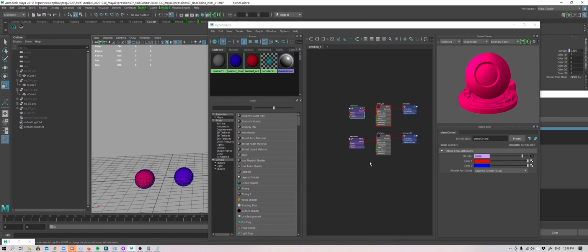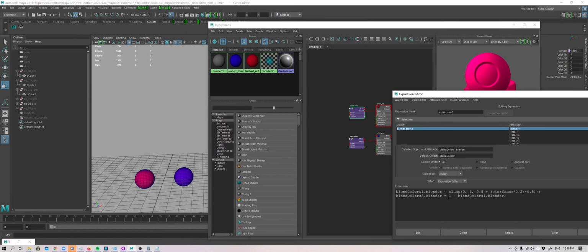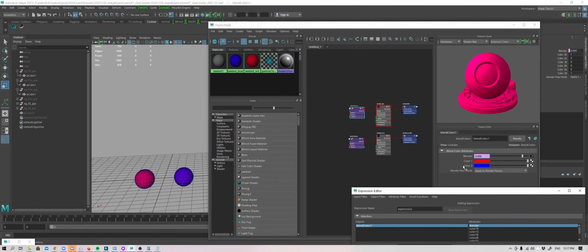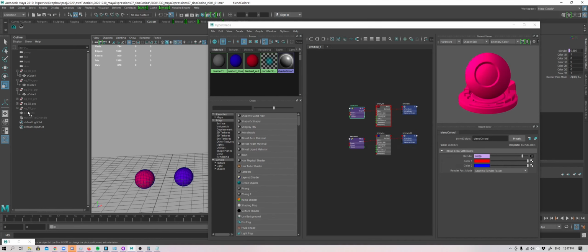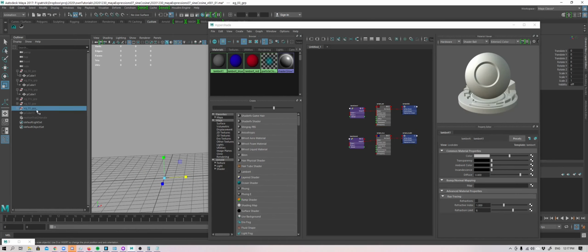And what the other one does, so the other one takes 1 minus that color, so it takes on the other color. So if one is absolute red, the other one is the color 2, which is blue. Okay, so that's that. The other one, I think, is a bit more interesting.